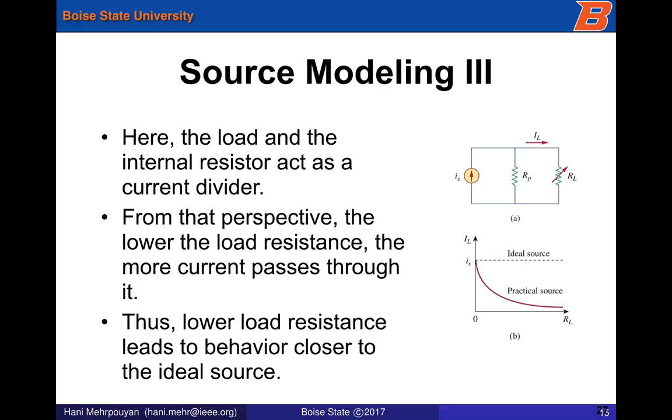And as you can see, again, we can see this practical scenario: as we increase the load resistance, more and more of the current is flowing elsewhere, and we're not seeing that IS. But as the load resistance is very low, we're getting very, very close to seeing that IS actually flow through the load. So there's a difference there, right? For a current source, we would like to have the smallest value of the load to see that maximum current flowing through the load.